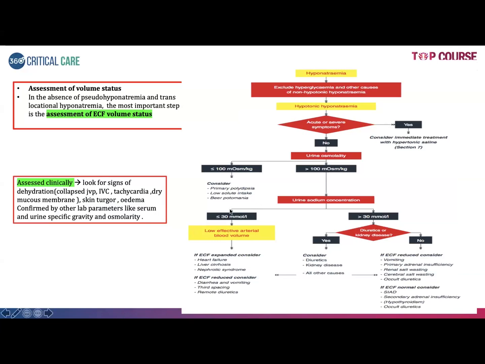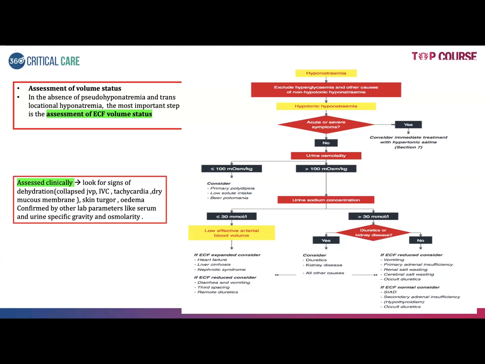So urine spot sodium more than 30, less than 30. Less than 30, it could be due to extrarenal losses like diarrhea, vomiting, third space, and remote use of diuretics. And other causes would be heart failure, liver failure, nephrotic syndrome. If the urine sodium concentration is more than 30, it means diuretics or renal failure could be the main cause.